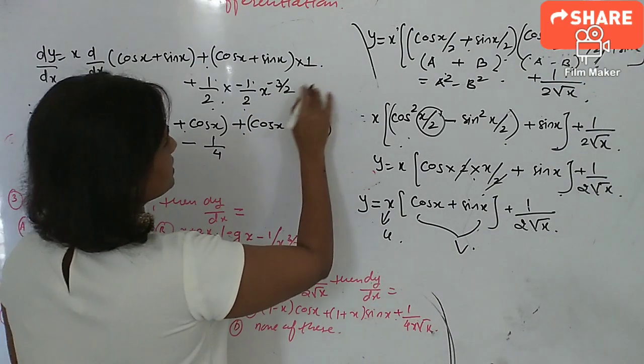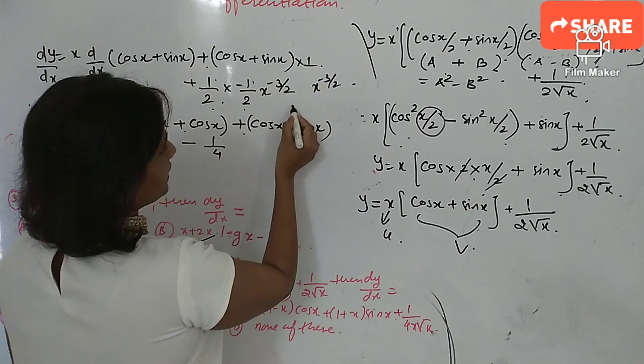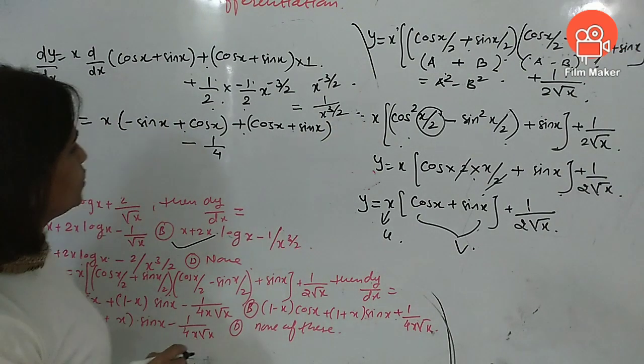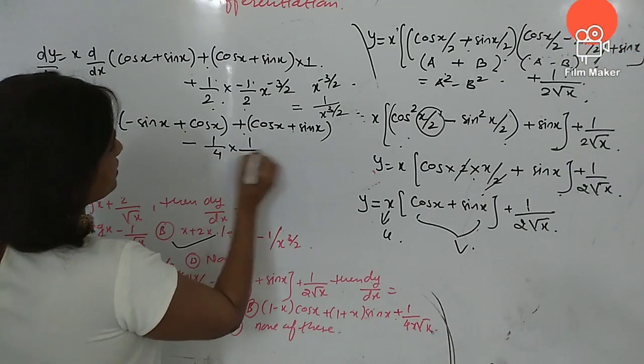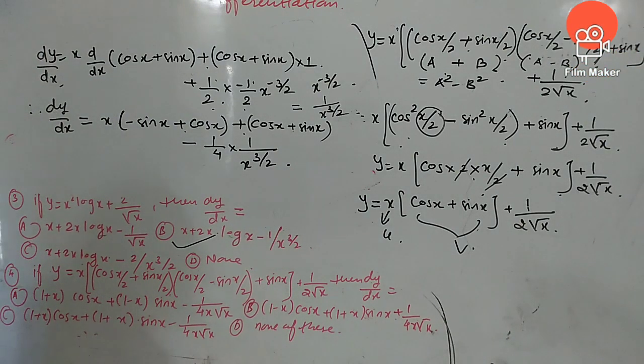I can write this value as 1 upon x to the power plus 3 by 2. Okay.